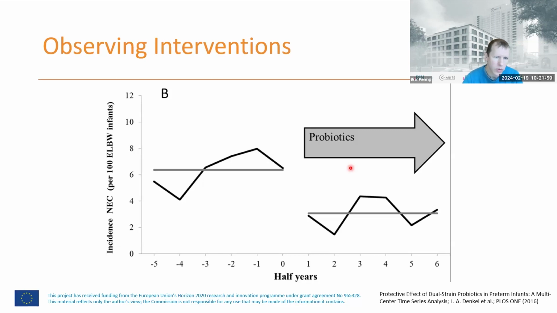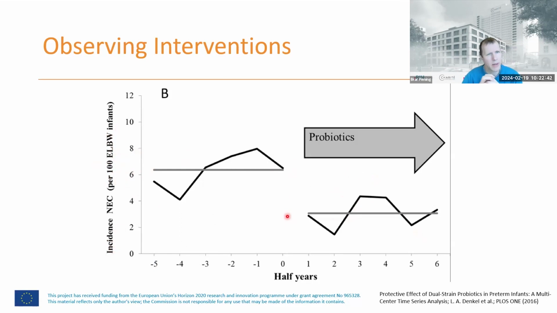If yes, what do you administer, and when did you start? And then we took the start date of all the wards and overlapped them and looked at the half years before and after, and by this, we could do this interrupted time series analysis on how the incidence of necrotizing enterocolitis changed in the extremely low birth weight infant population. The same is more or less true also for the very low birth weight, so for the less than 1,500 grams, but this is the less than 1,000 gram infants. Then we could just observe the incidence of necrotizing enterocolitis over this time.